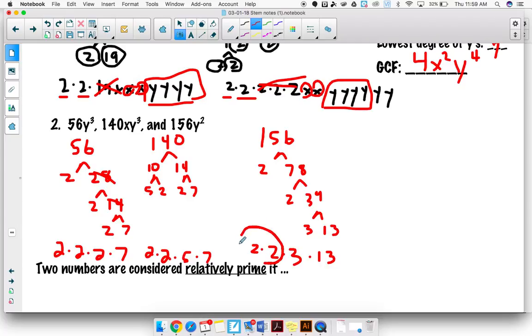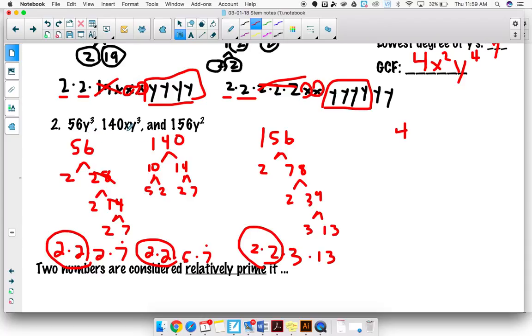And so the 2's combine, they're all in common. So the numerical part of the GCF would be 4. We got a 5 in the middle group and no 5s anywhere else. And we got some 2's in a couple of them. But even the 7 here can't be used as part of your GCF because it's not in common with all 3 of them.